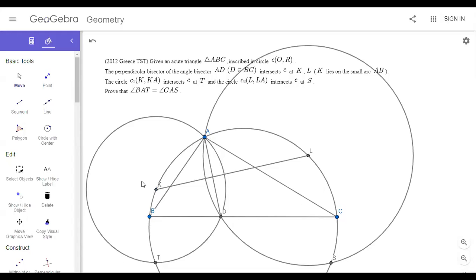So KDA is KAD, SDA, we could find it in terms of SLA, which we could find. Is it obvious that KDS and TDL are collinear?